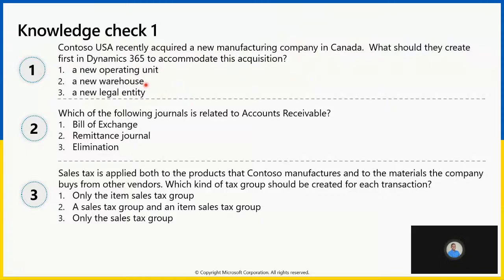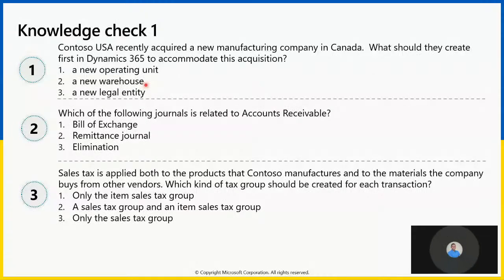So we can have where we keep our motherboards, our laptop covers, batteries. These are warehouses. Operating units are very close to departments. We have units that work on different things. Then the legal entity encompasses warehouse, site, and even department and operating unit.